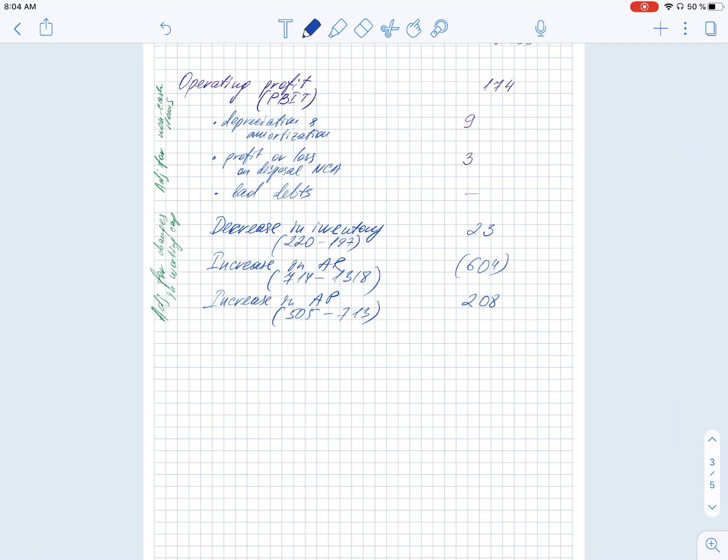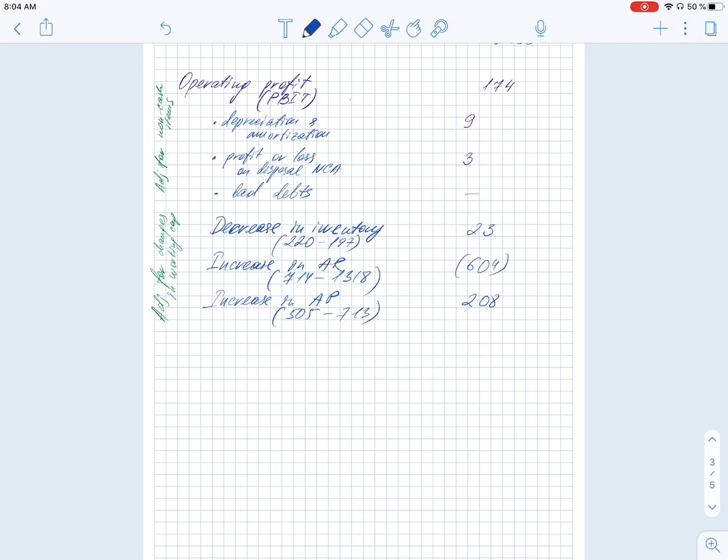So the total amount of cash in operating activity increased due to the positive change in accounts payable. I mean positive only from the math side, not from the business side.